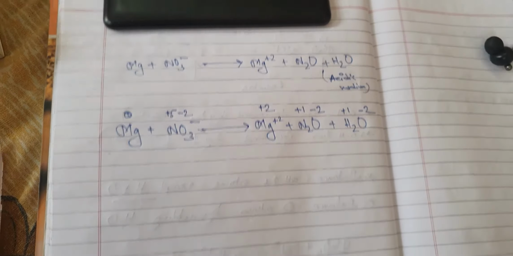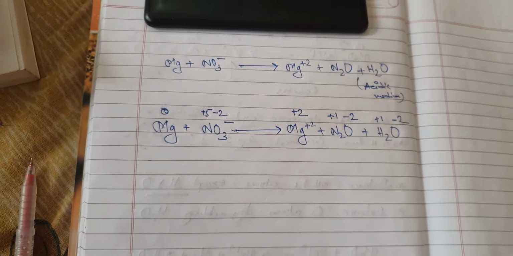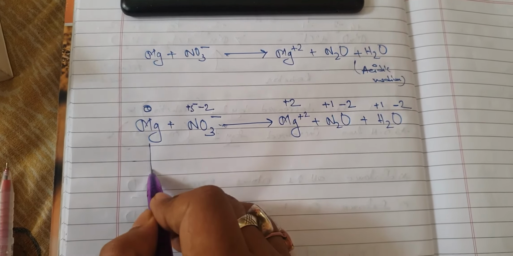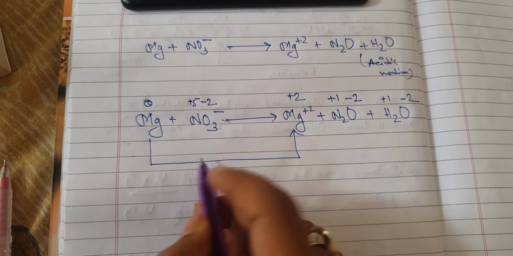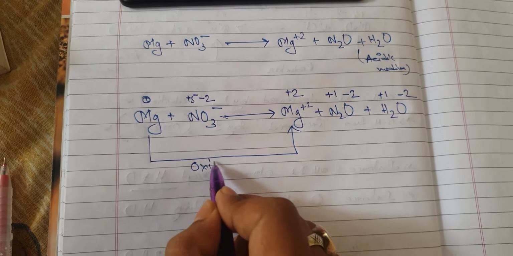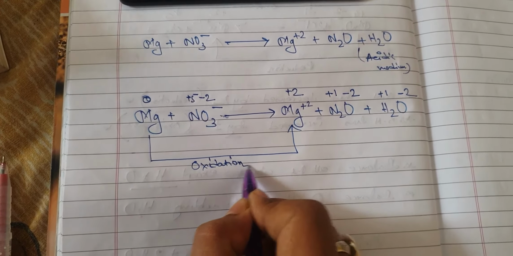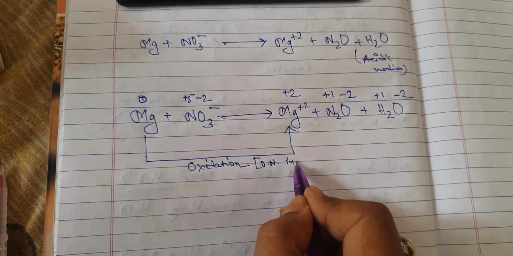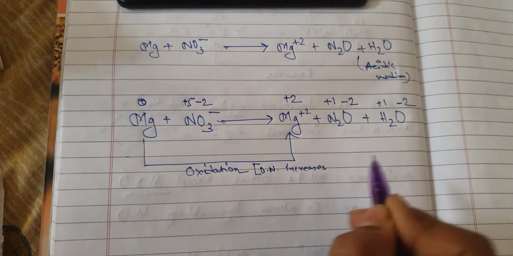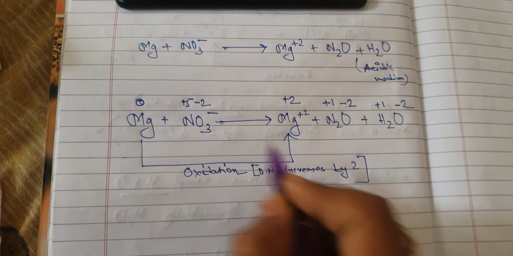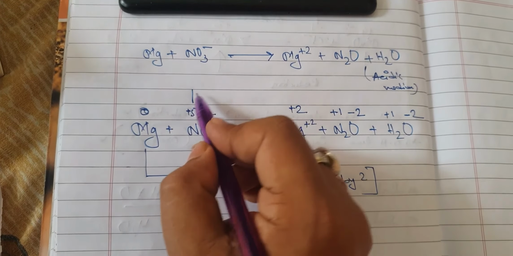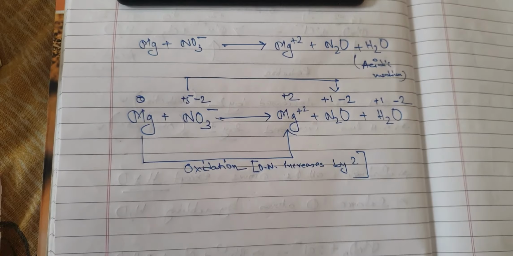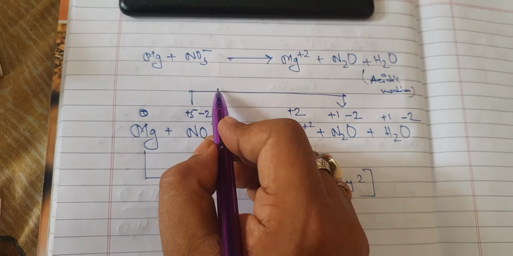Now at first you have to see Mg goes to Mg plus 2, oxidation, and oxidation number increases by 2. And N plus 5 to N2 plus 1, oxidation number decreases by 4.